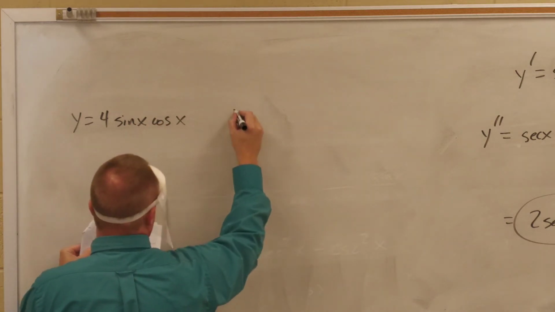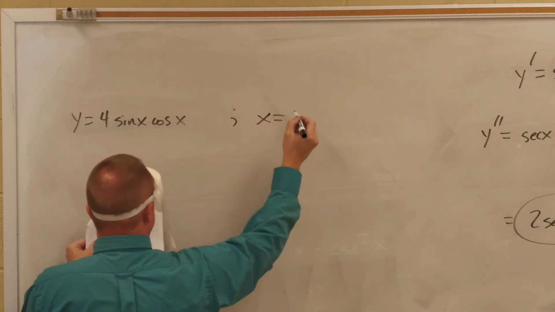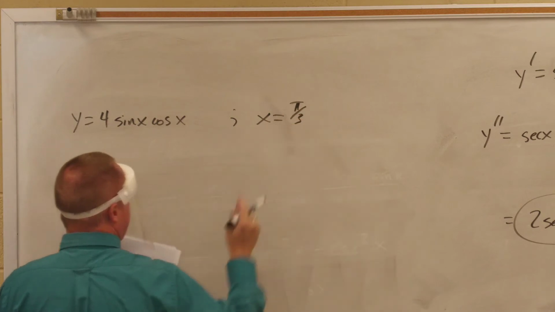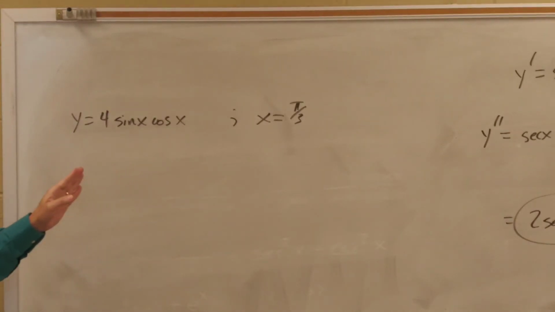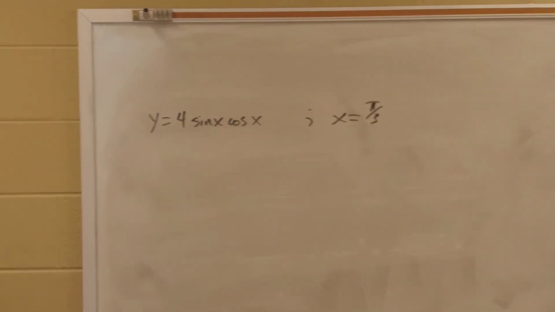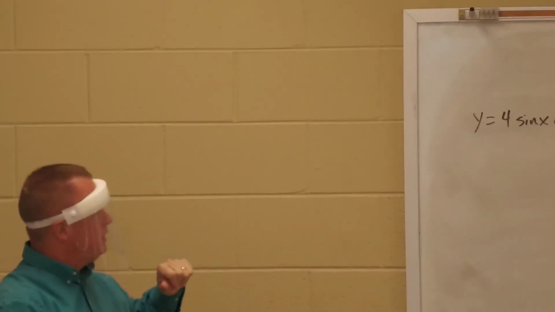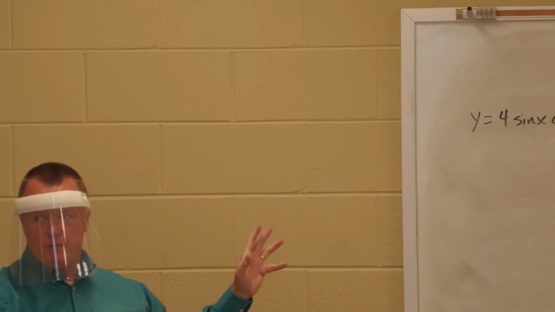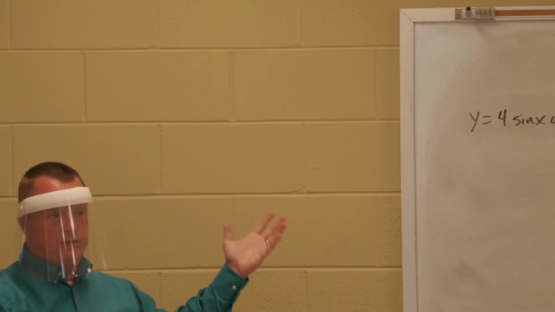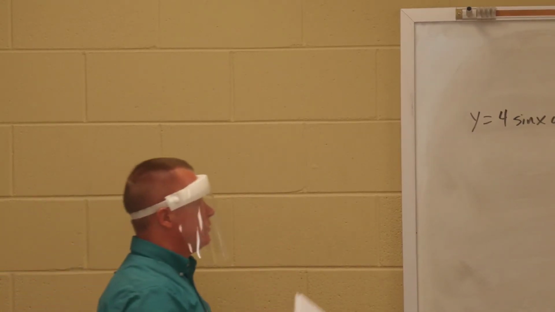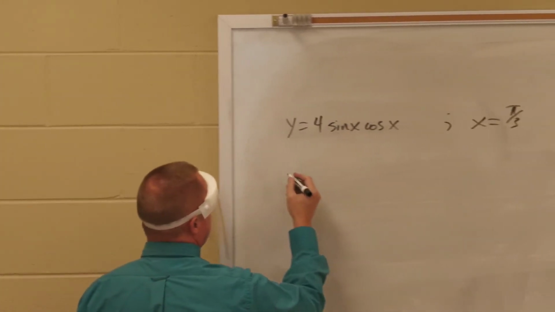And we want to know the line tangent to the graph when x is pi over 3. Okay? So to do the tangent line, we need a point, which we definitely can get from pi over 3, and we need the slope of the tangent line. Slope of the tangent line comes from the derivative function, right? So we've got to find the derivative. All right, so let's do that first.